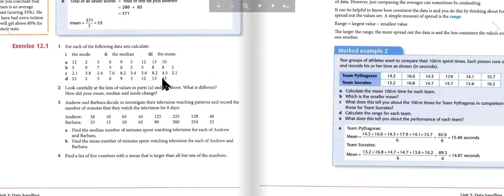That's a high number, while A only has a number 10, which is normal. Well, it didn't change the mode or the median, but it did change the mean. Here the mean is 8, and here the mean is 11.7.